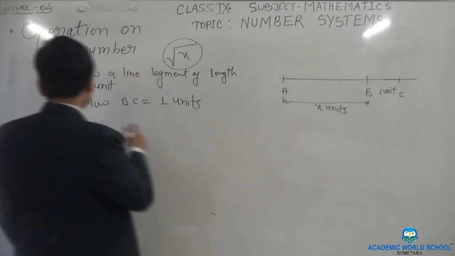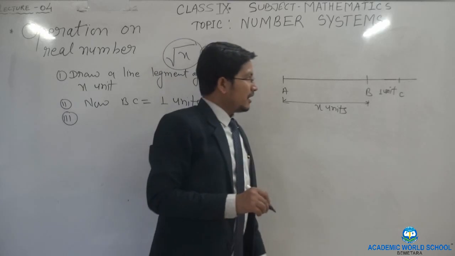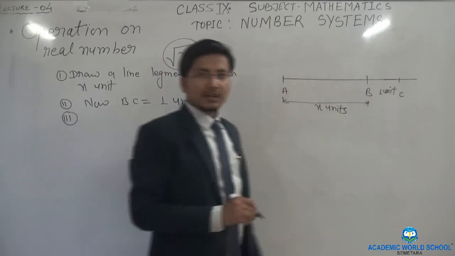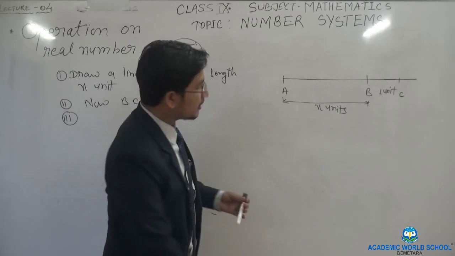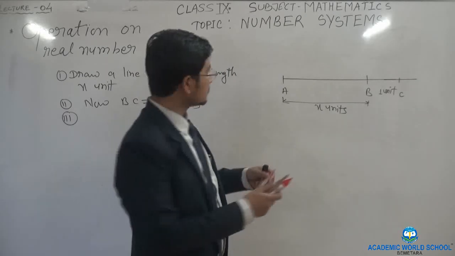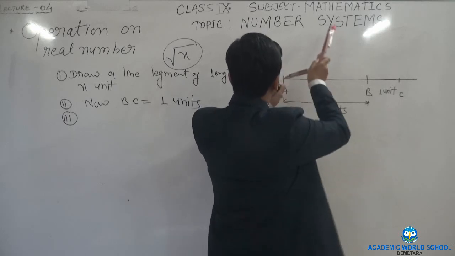Now what we have to do is, third, take O as the midpoint of AC. So we are going to draw the midpoint of AC.